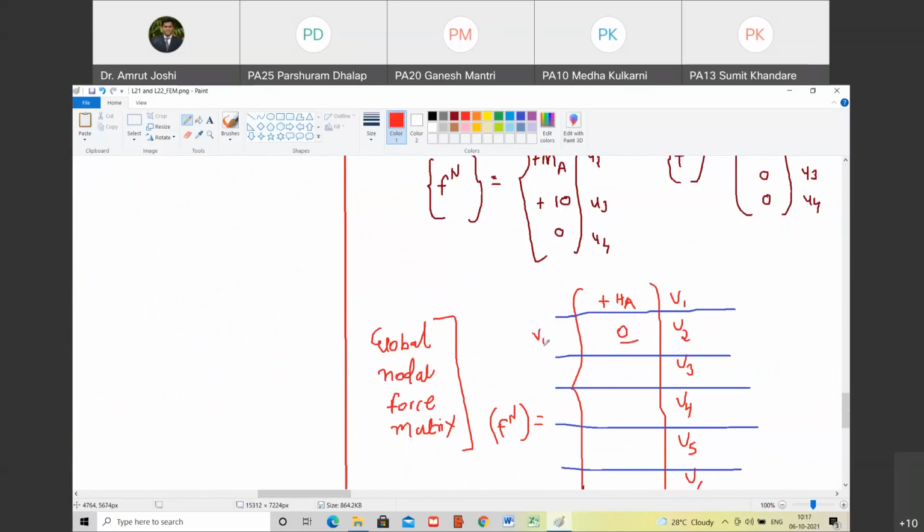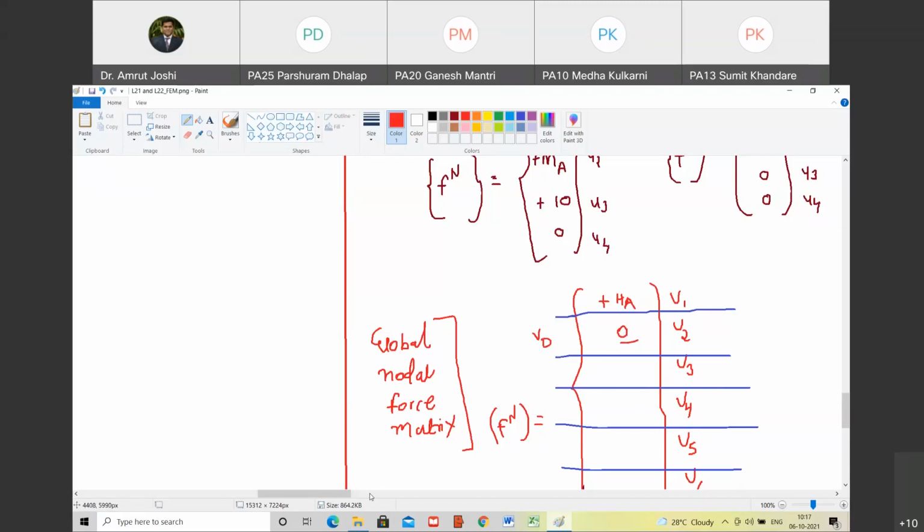So truly speaking, it is VA, but you can write it as 0 because the second and 11th degrees of freedom are dummy degrees of freedom. We are going to remove that from all the matrices. Are you with me? Yes, sir. So forget about this. This was not considered as a degree of freedom in the first element. Therefore, whatever we say about this here is anyway irrelevant.